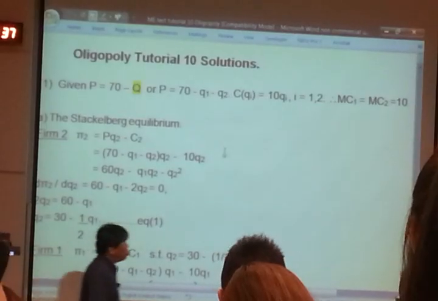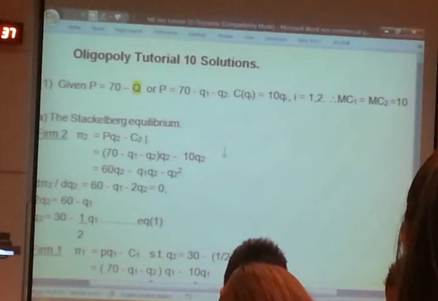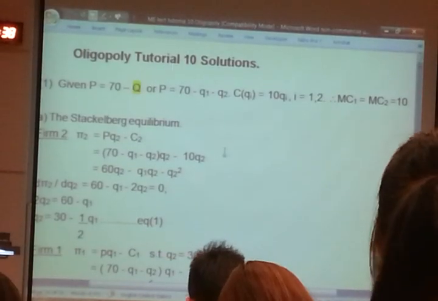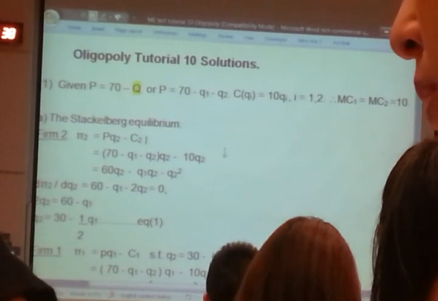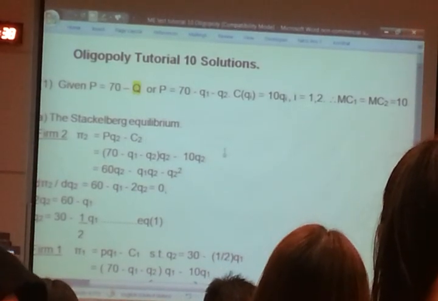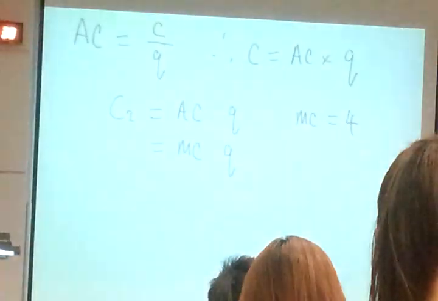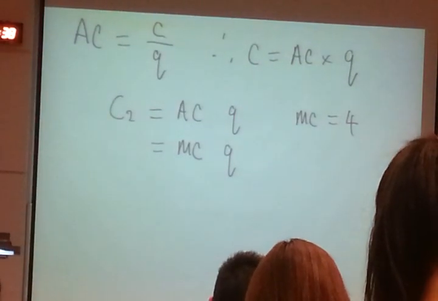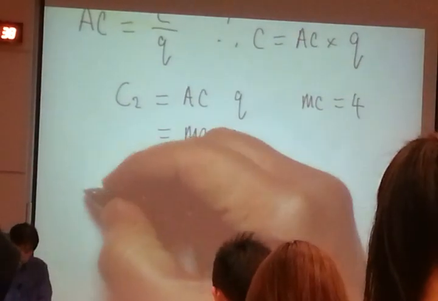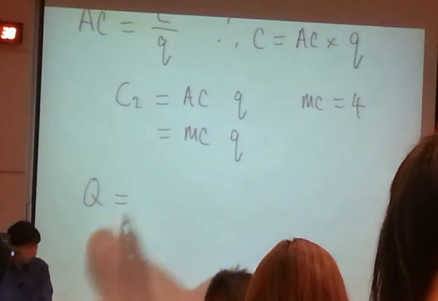Now, your market output is equal to how much? How many firms are there? So your total market output is equal to what?